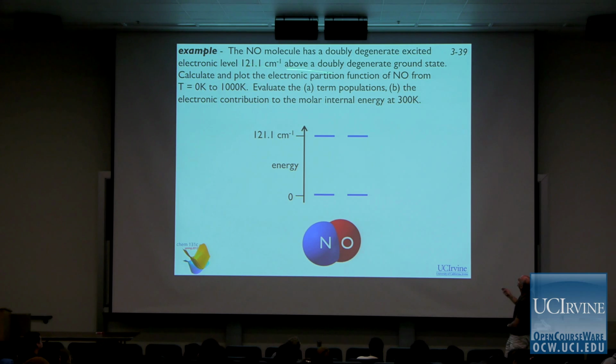The NO molecule is doubly degenerate. Calculate and plot the electronic partition function of NO from 0 to 1000 K. Evaluate the term populations and the electronic contribution to molar internal energy at 300 degrees Kelvin. Quiz problem for next week.